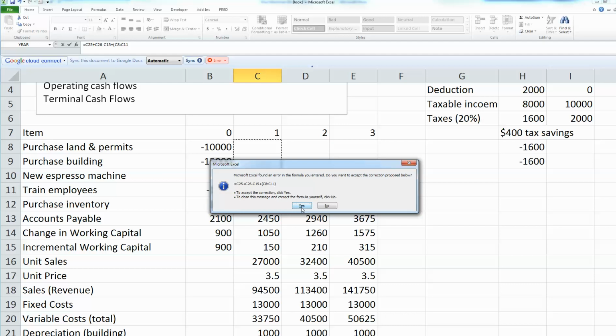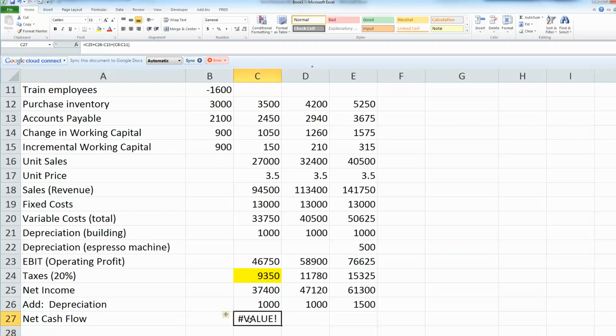Didn't like that. I just forgot to close my parentheses, it looks like. And I need to put the word sum in front of that. There we go. I will do it again over here. So for year 2, I could just copy this equation over, but I messed up a little bit and I want y'all to see it again.